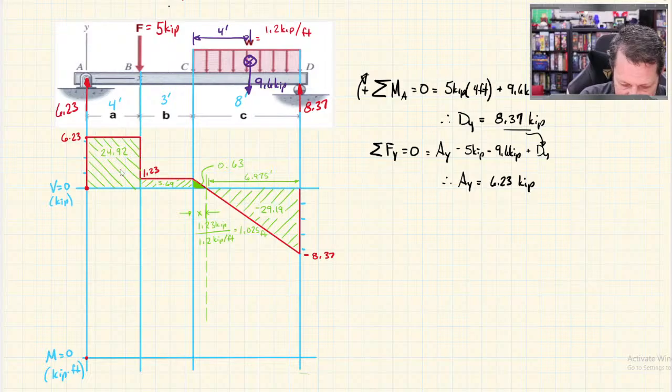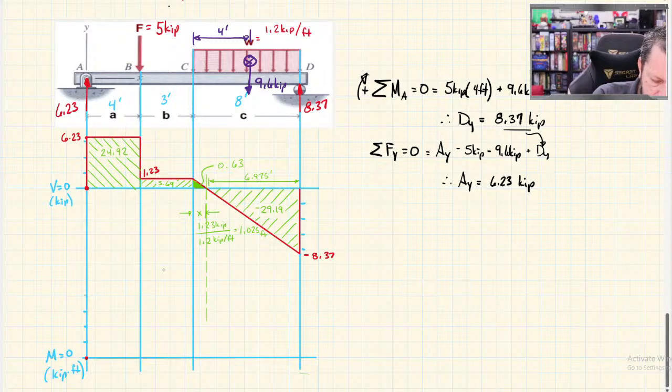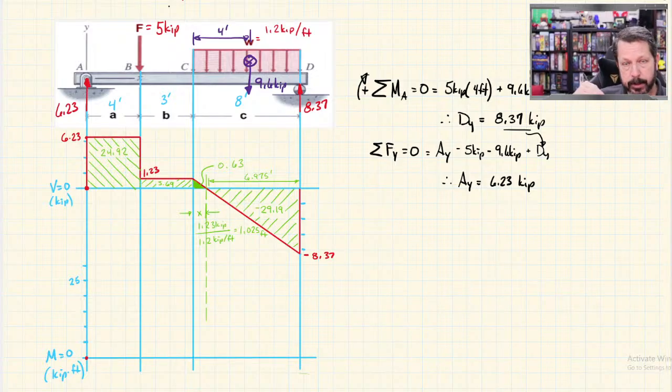I kind of need to know what my scale is going to be. Let's count by fives. So 5, 10, 15, 20, 25.